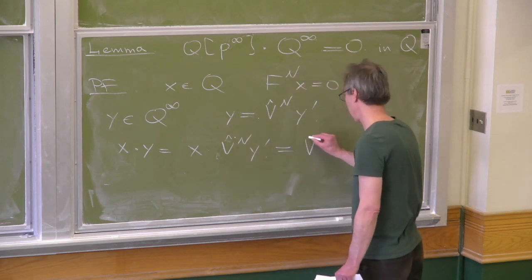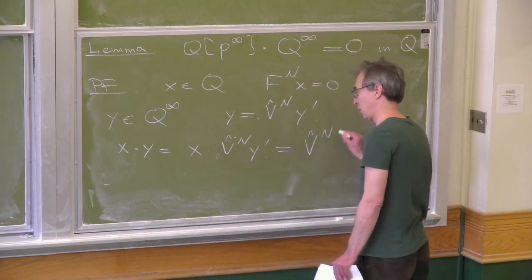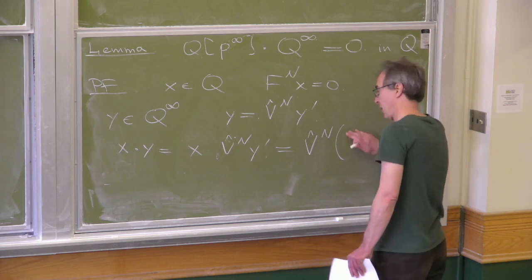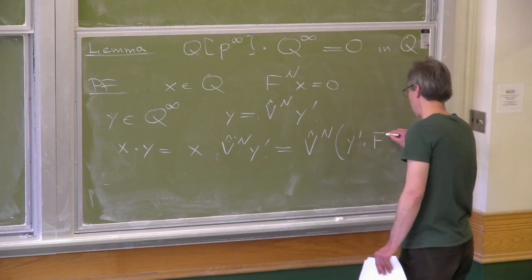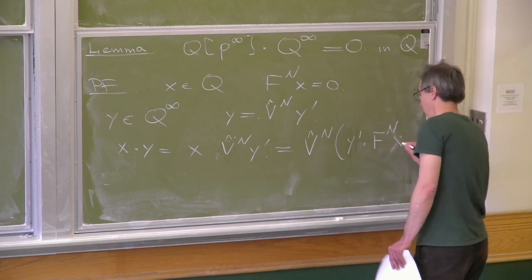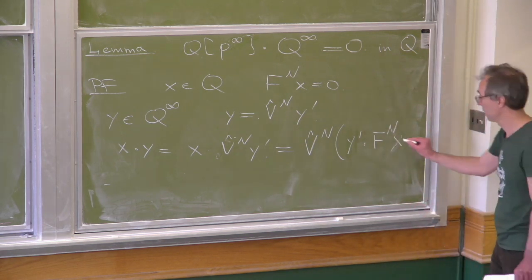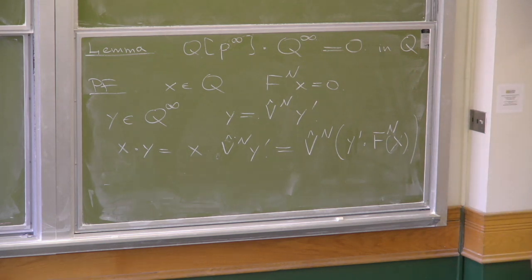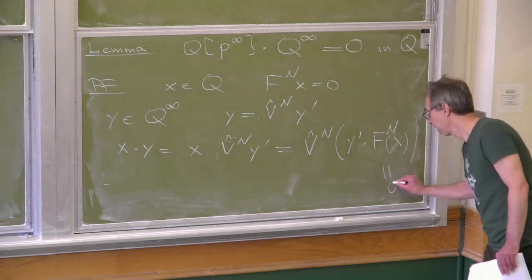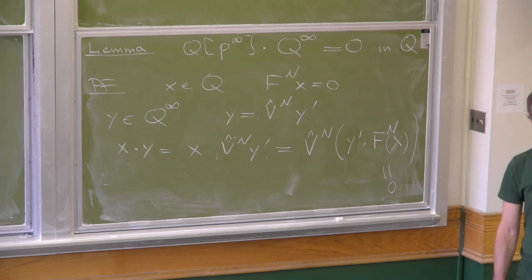It says that this is equal to y prime multiplied by Frobenius of x. But this is zero. This completes it.